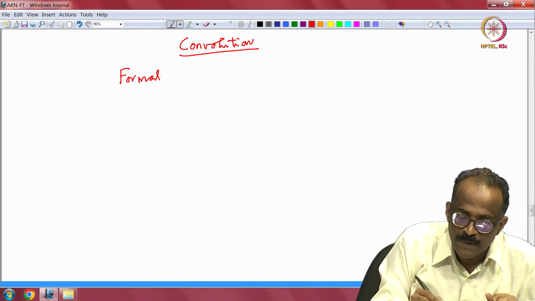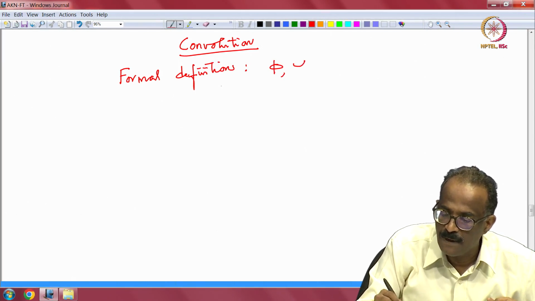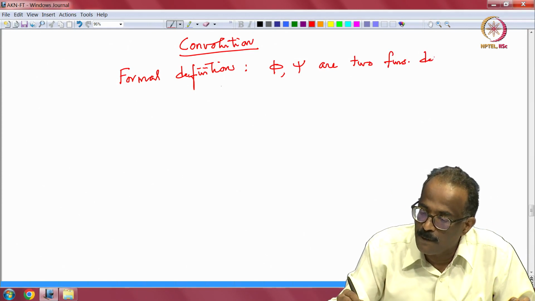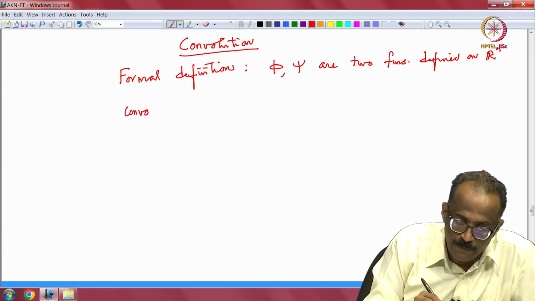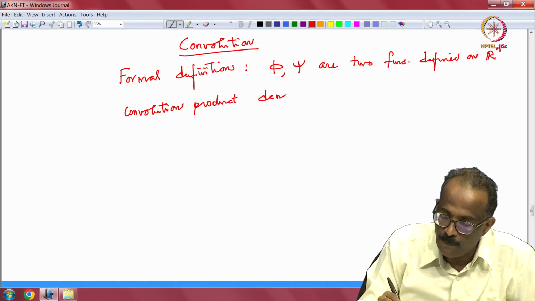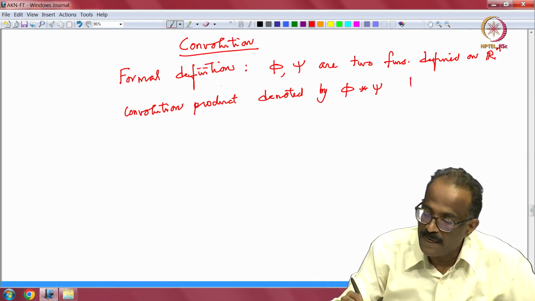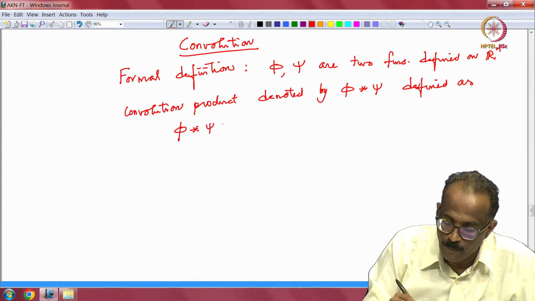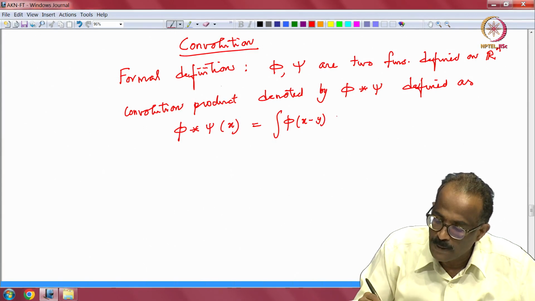So what is the formal definition? Since you have already used it, if phi and psi are two functions, validity we will check it, defined on Rn, the convolution product denoted by phi star psi is defined as phi star psi of x equals the integral of phi of x minus y psi of y dy.